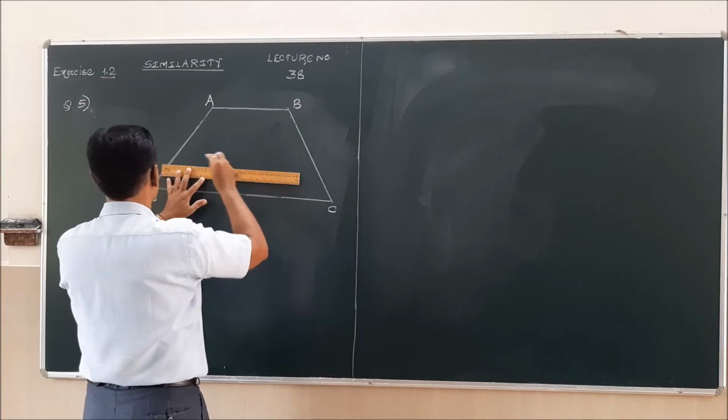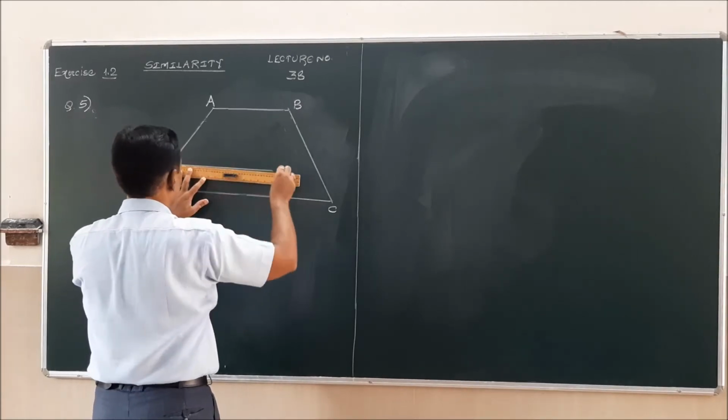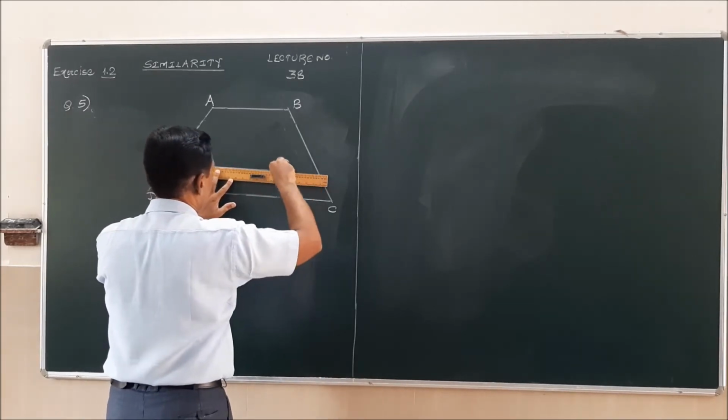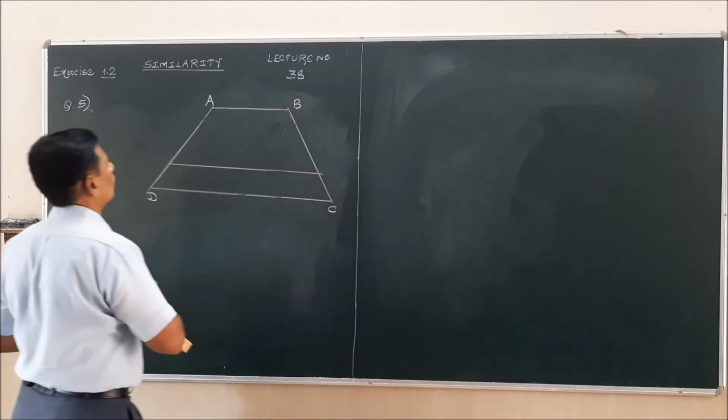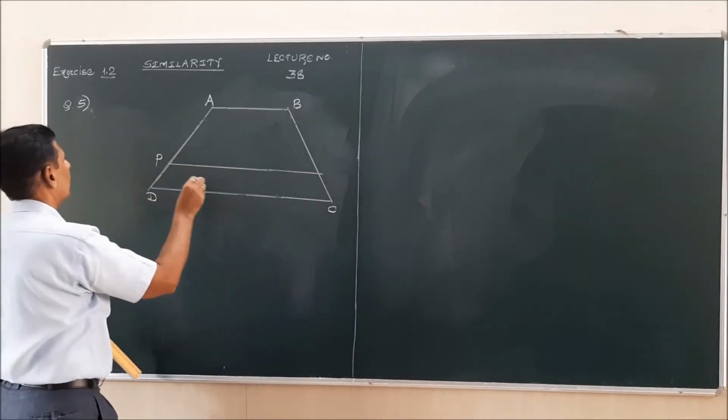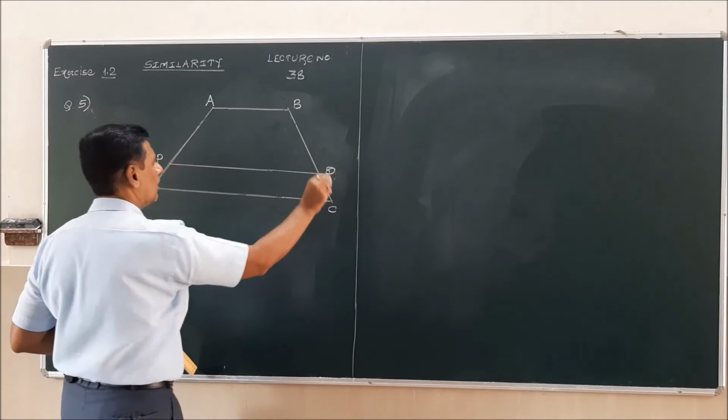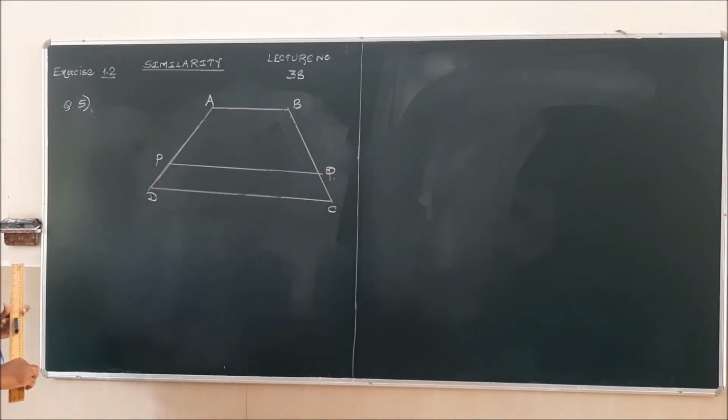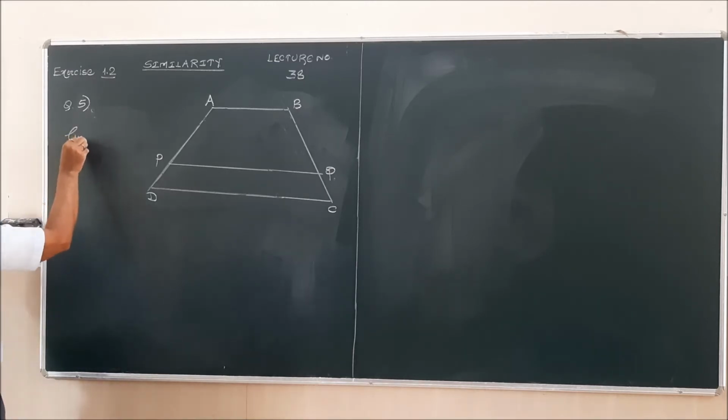And here there is one more line given, PQ. PQ is also given over here. Fine. Now you will find AB is parallel to PQ is parallel to DC, given.